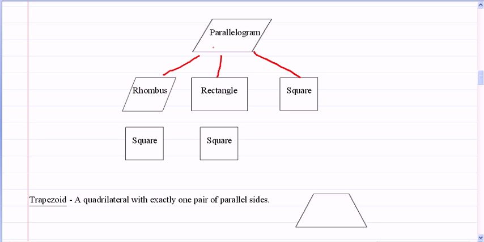But a parallelogram is not necessarily a rhombus, a rectangle, or a square. On the next level, a square is a rhombus and a square is a rectangle, because a square has all the properties of a rhombus and a rectangle. A rhombus, though, is not necessarily a square, and a rectangle is not necessarily a square either.